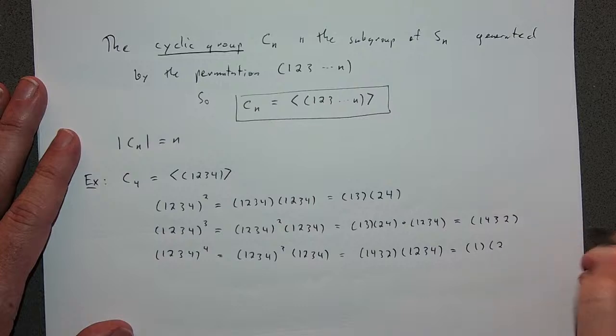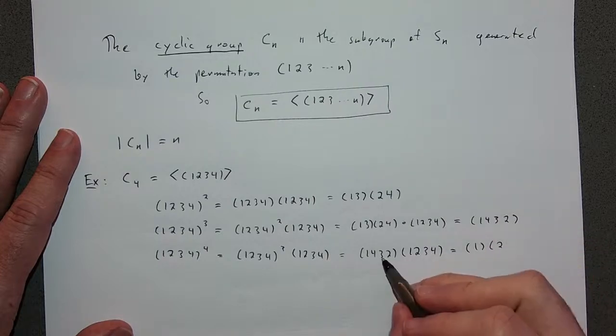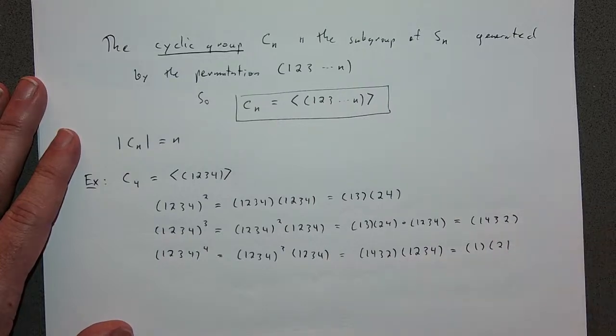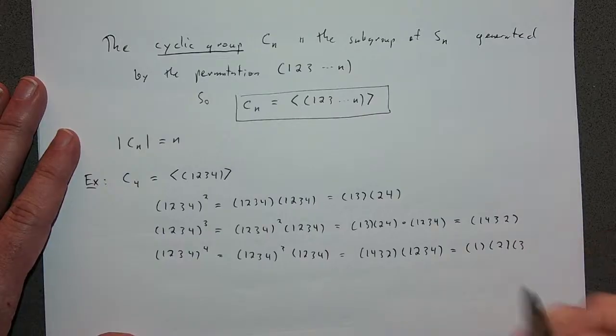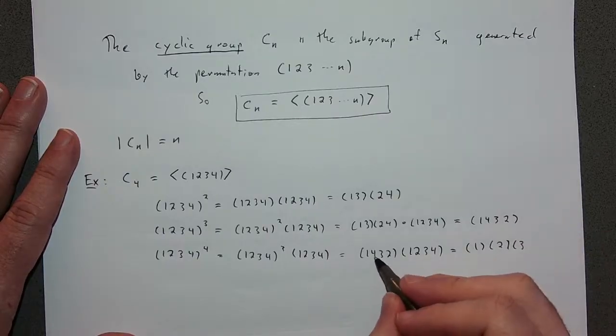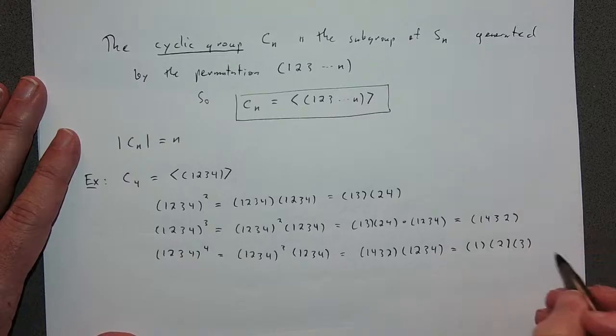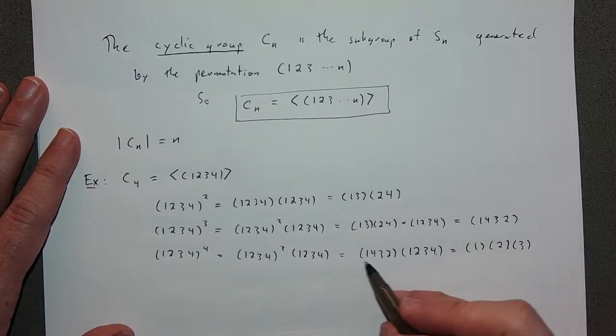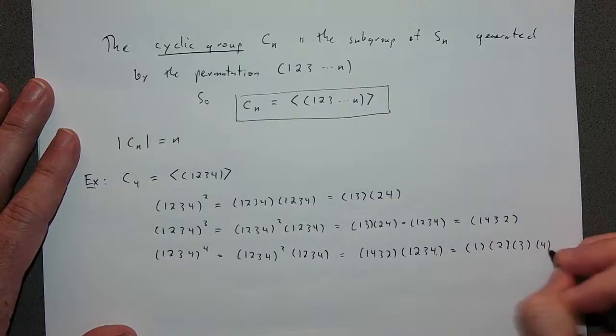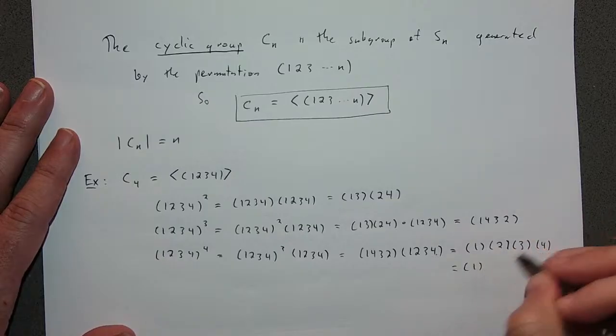Okay, what about 2? Here, 2 goes to 3, 3 goes to 2, so 2 is fixed. What about 3? 3 goes to 4, 4 goes to 3, so 3 is fixed, which means that 4 is automatically fixed, but again, we're just checking here. 4 goes to 1, 1 goes to 4, so 4 is also fixed. This is the identity.